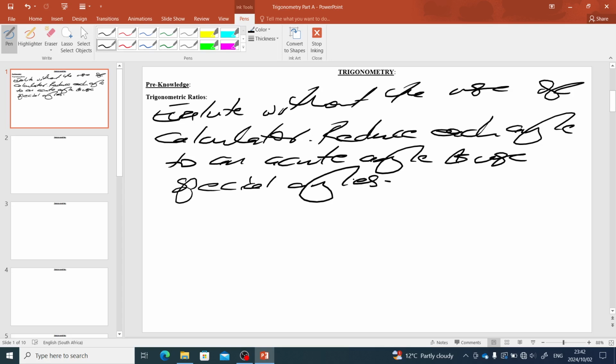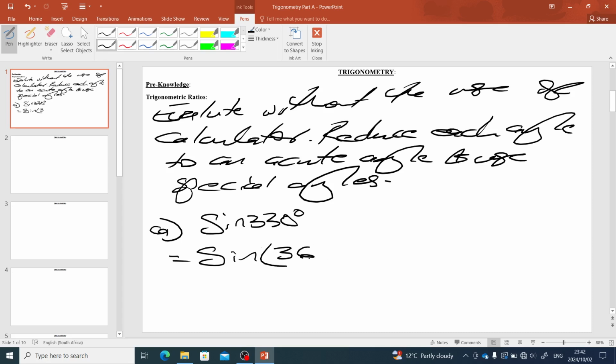Right. Okay. Now we are given sine 330 degrees. That's what we are given. Now, in evaluating without the use of a calculator, it will be sine open bracket 360 degrees minus 30.